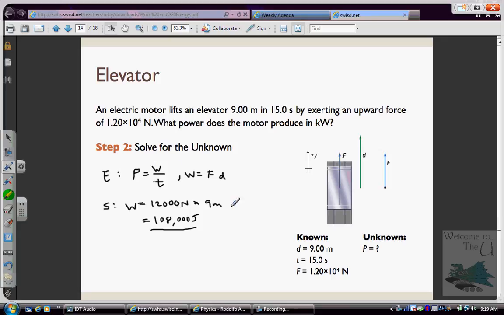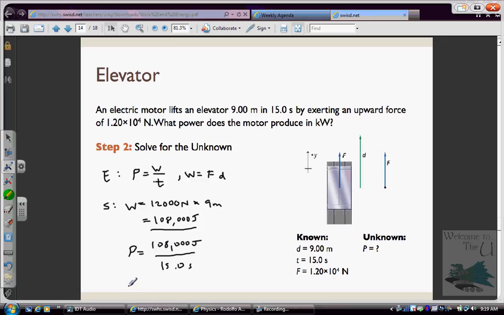And we'll take that 108,000 joules and we'll plug it into this first equation for the work, and we'll divide it by the time of 15 seconds. So let's go ahead and do that substitution step. It would be power is equal to the 108,000 joules of work, and we'll divide that by the 15 seconds. Okay, so 108,000 divided by the 15 will give you 7,200.